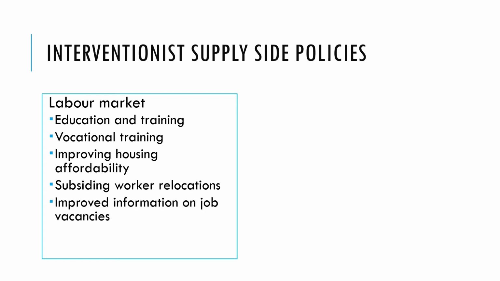Improving information about job vacancies, so workers are more aware of where there are jobs and they can move to the jobs. The firms in those areas would benefit and again increase production. Investing in healthcare to provide a healthier workforce may reduce sick leave and absenteeism, which again would help businesses to produce more.